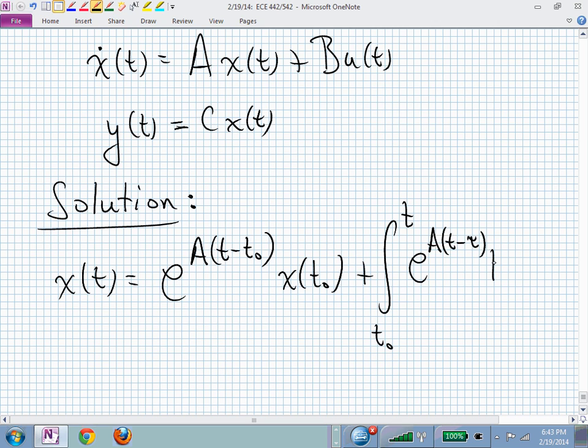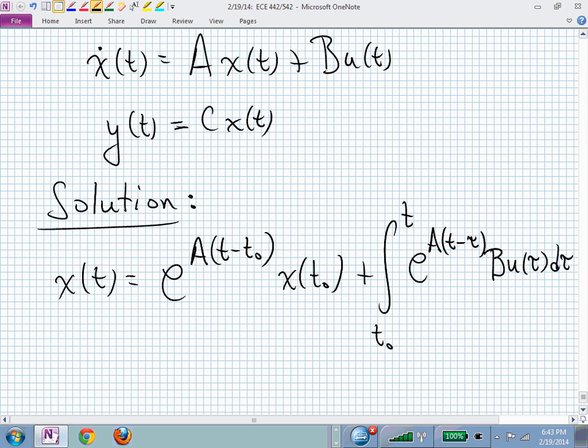Then we have the input matrix B, u of tau, d tau. That's the solution. You could verify that that solves that differential equation by differentiating that and seeing that it satisfies x dot equal Ax plus Bu, and it does.